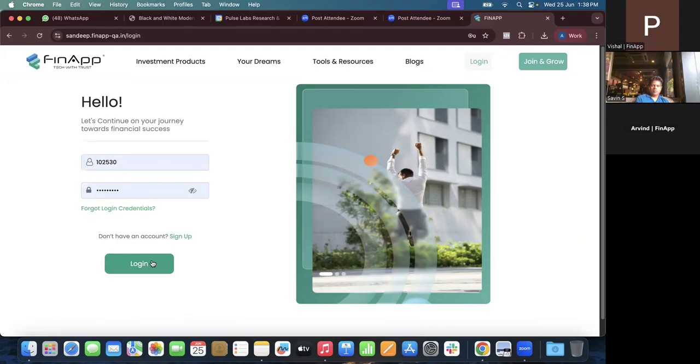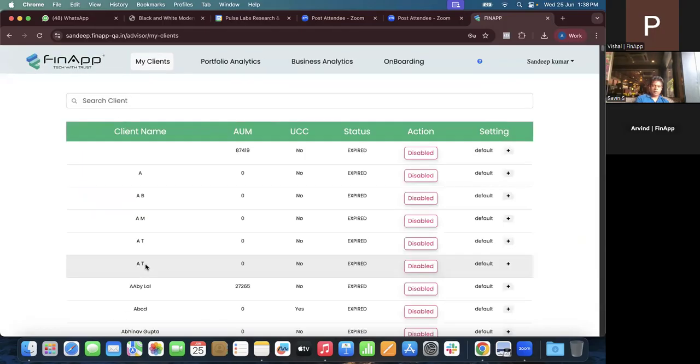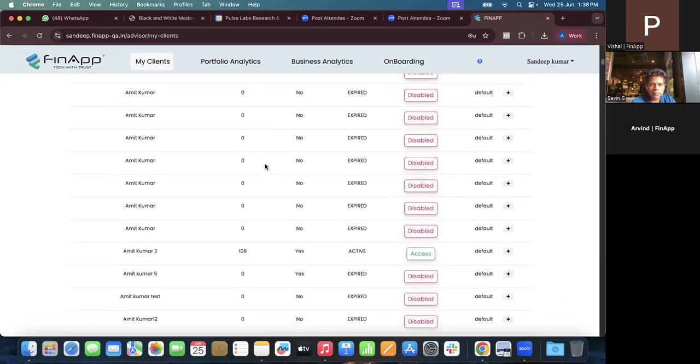So all transaction initiations, which a distributor wants to do, he will do from the platform itself, as an RM. His first view is the list of clients which he has.